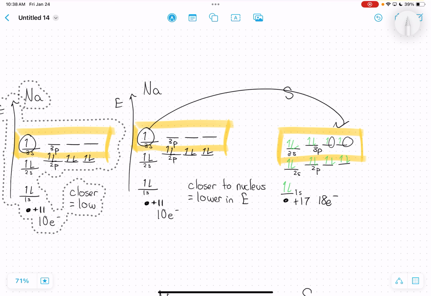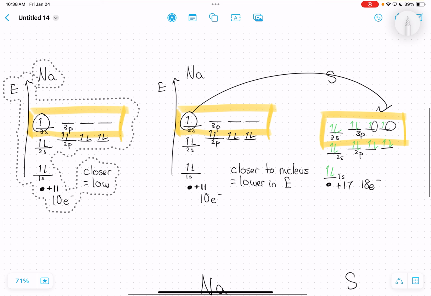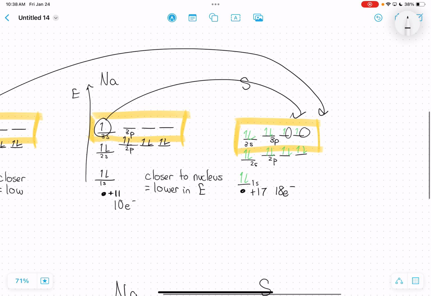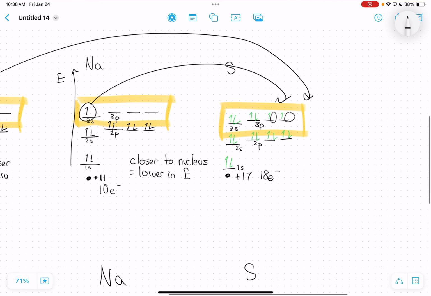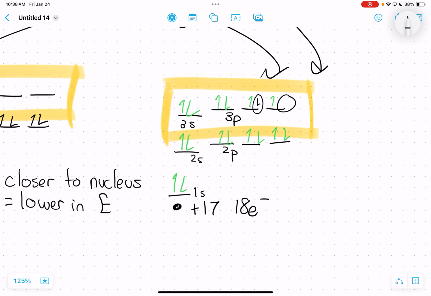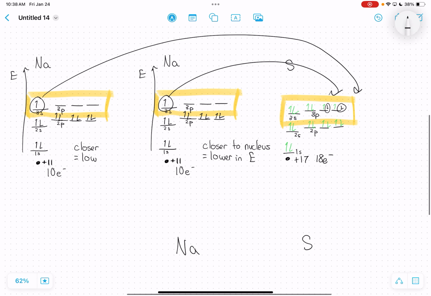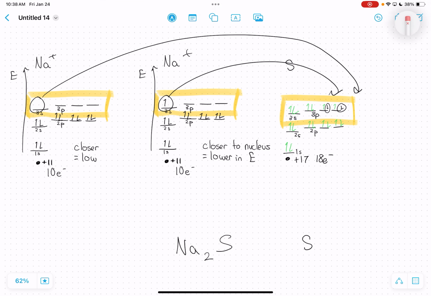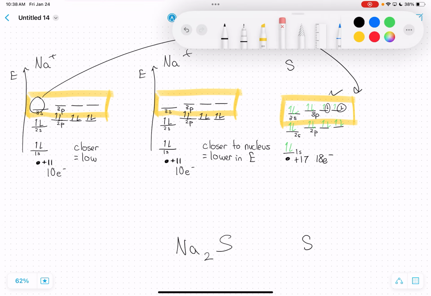So we're going to give ourselves another sodium atom, and we are just going to pull that electron over as well and fill in that sulfur with 2 electrons. Now, hopefully, it makes clear sense why, when sodium and sulfur form an ionic compound, you have to have 2 sodiums for every 1 sulfur. So I'm going to get sodium plus, and sulfur 2-.